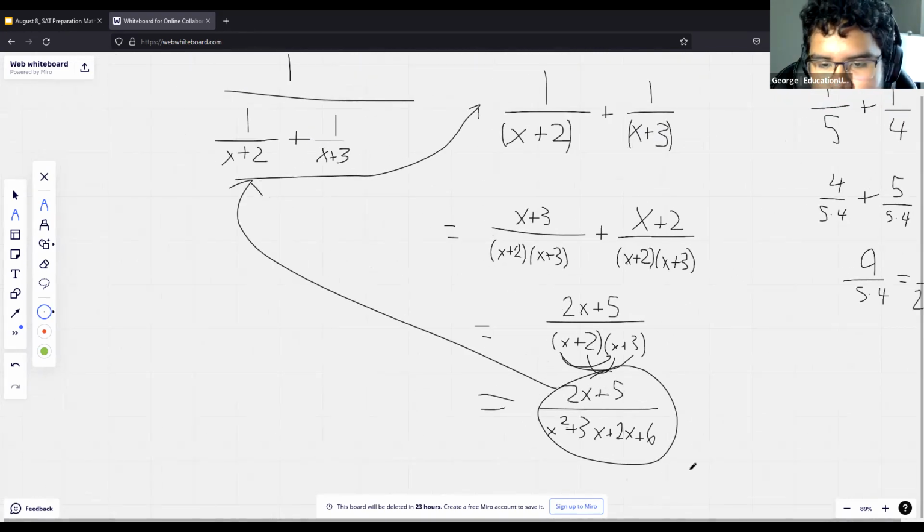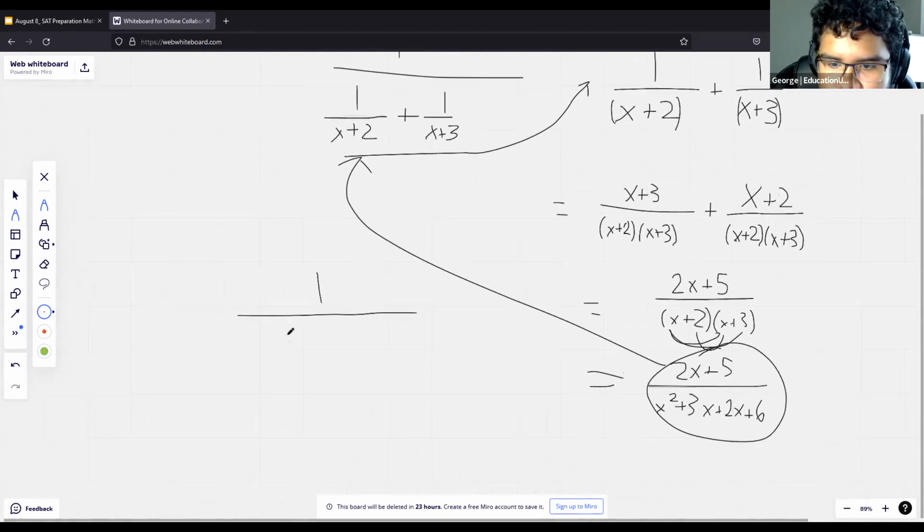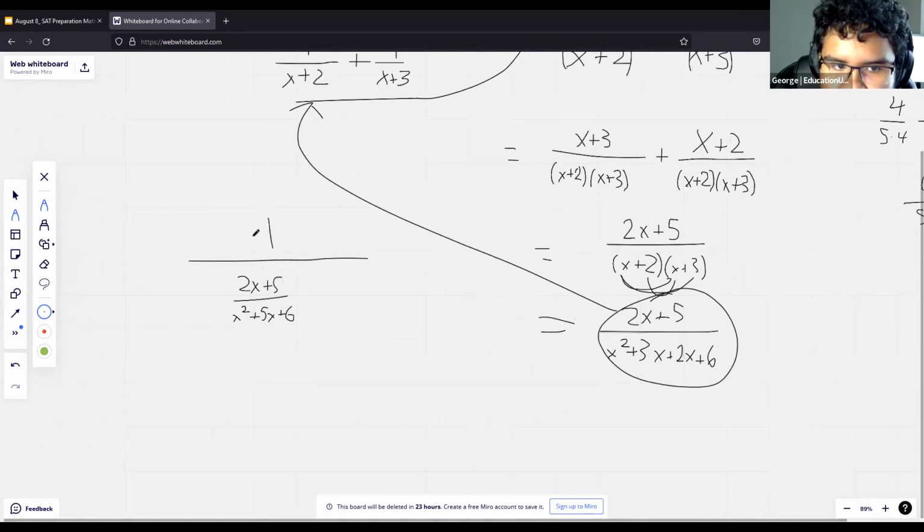The thing is, we simplified all this, but it's underneath a 1 over. So we have here 1 over 2x plus 5 over x squared plus 5x plus 6. Because it's underneath, it's in the denominator of this fraction. What this means is, to simplify it, we just flip this around and get rid of the 1.